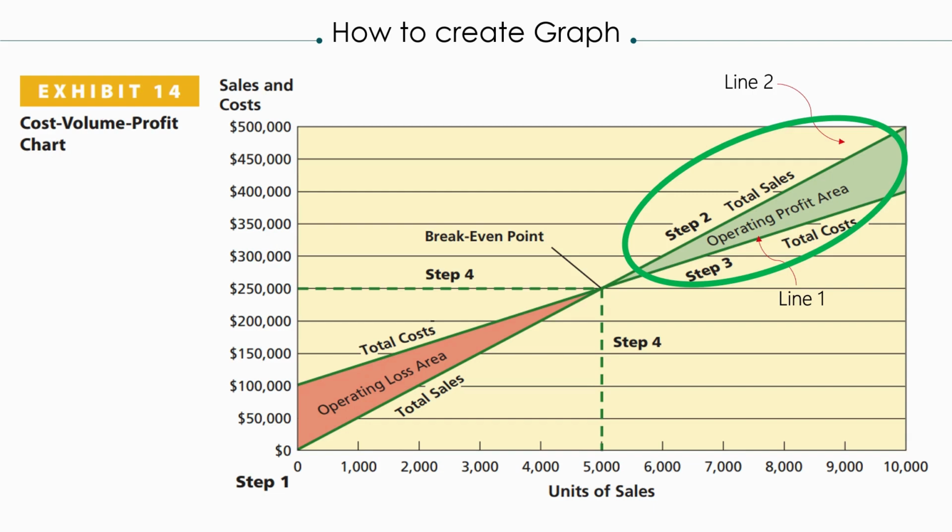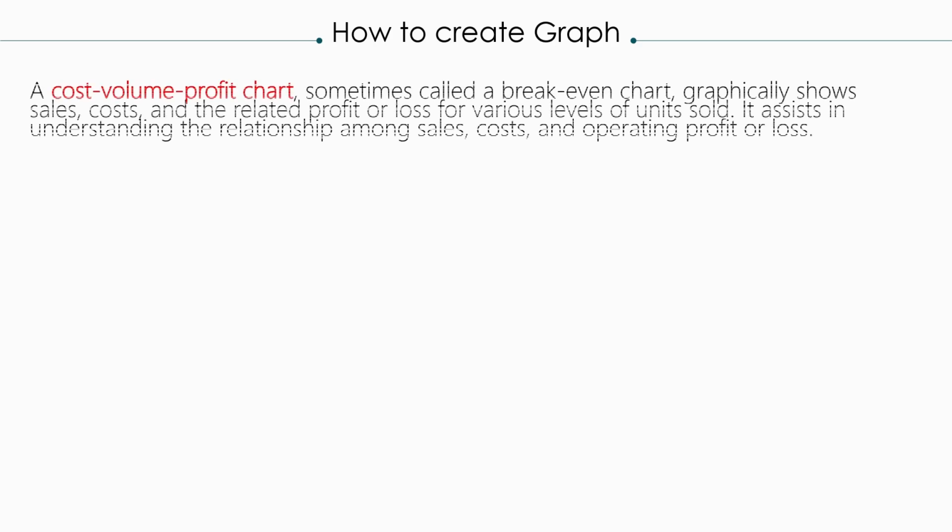So any sales going to this area has a good profit margin, and the lower part is the operating total loss. So we're going to demonstrate how to create this graph based on an example from the textbook.